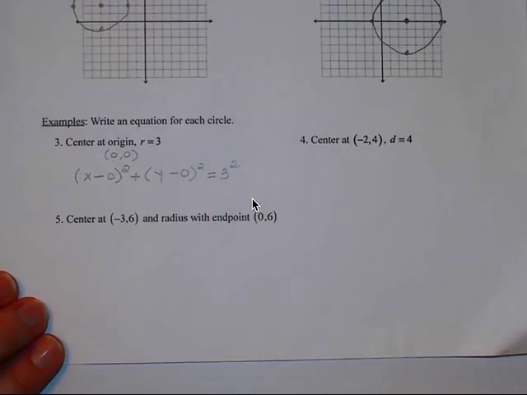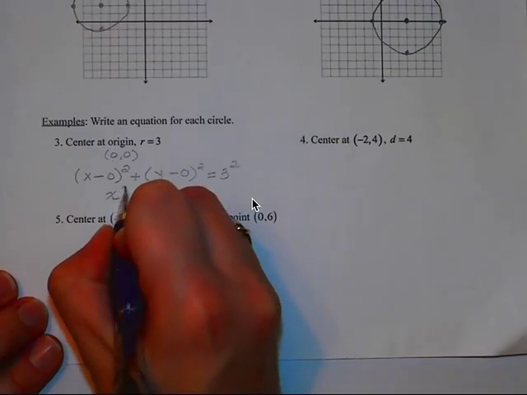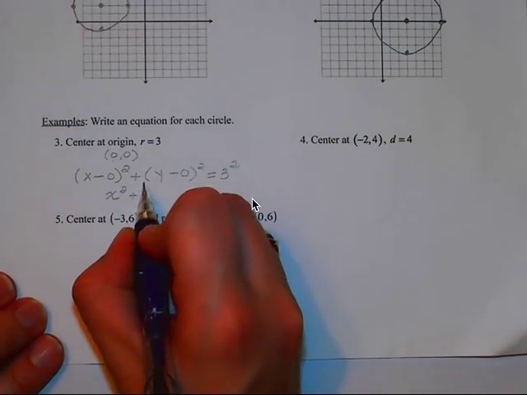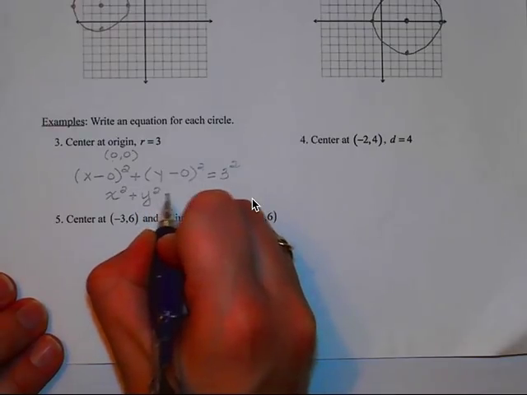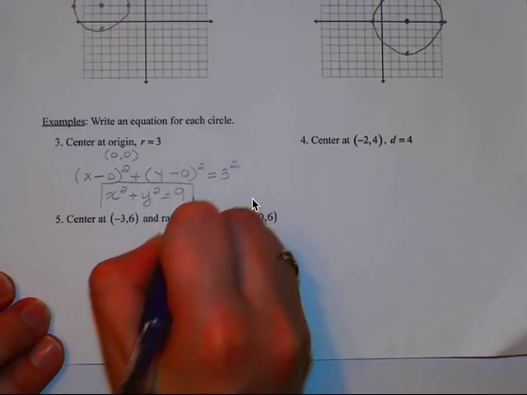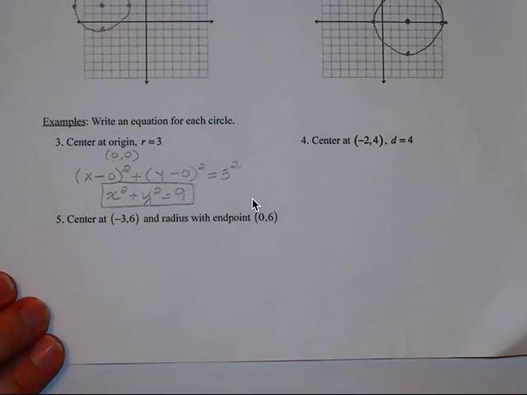Let's clean up the equation a little bit. x minus 0 is just x, which still gets squared. Y minus 0 is y, which gets squared. And 3 squared is 9. Here's the equation of the circle with its center at the origin and a radius of 3 units.